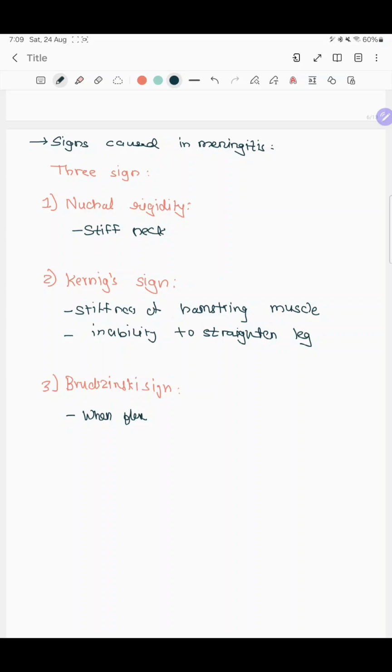Brudzinski sign is when we flex the neck of a patient, it will cause spontaneous flexion of the hip and knees.